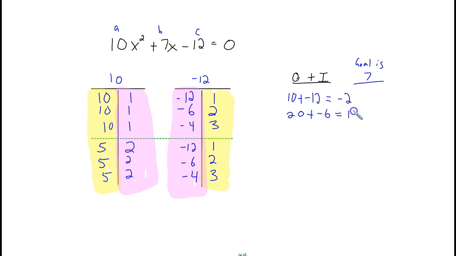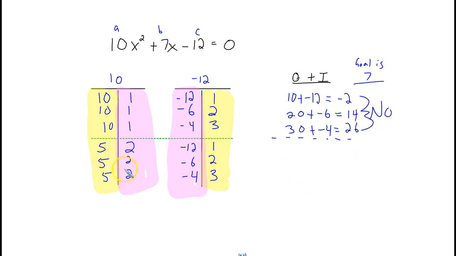And that is 14. 14 is not correct. Not going to work. So 10 times 3 is 30. 1 times negative 4 is negative 4. This time we got 26. So we can see that none of the combinations work with 10 and 1. So 10 and 1, I'll put a dashed line there. None of those work.